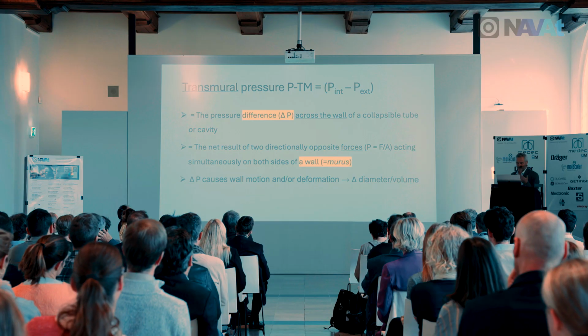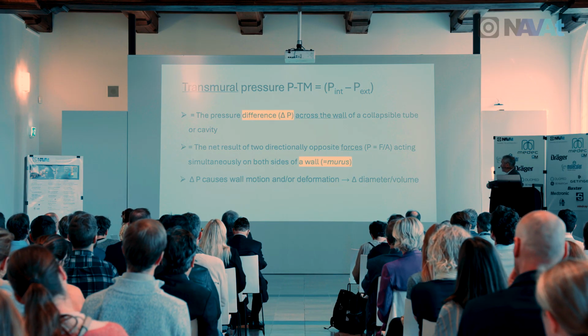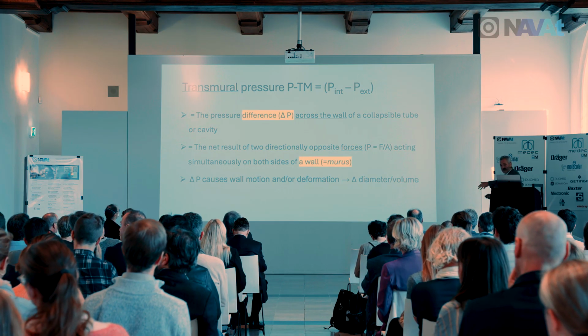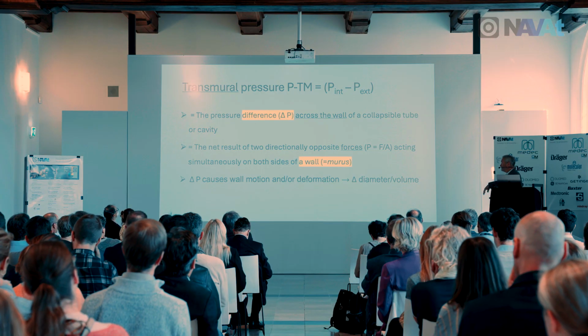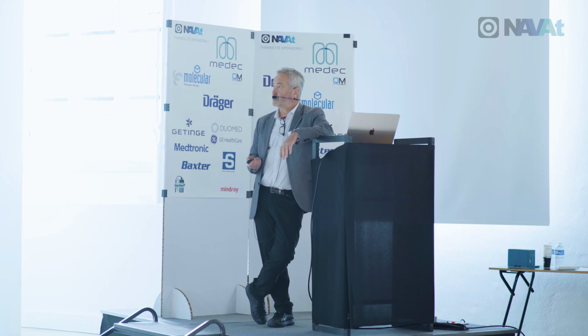That's transmural pressure as opposed to driving pressure. And hydrostatic pressure, all to be taken into account because it's only pressure differences that drive motion and deformation. The difference will be the force that is relevant in physiology.